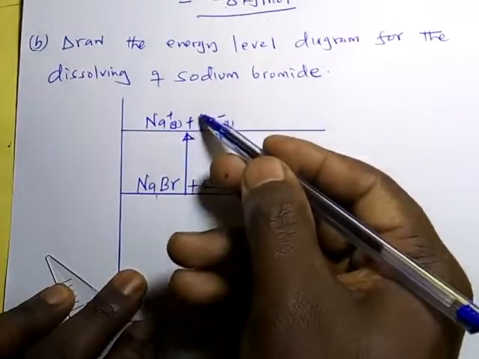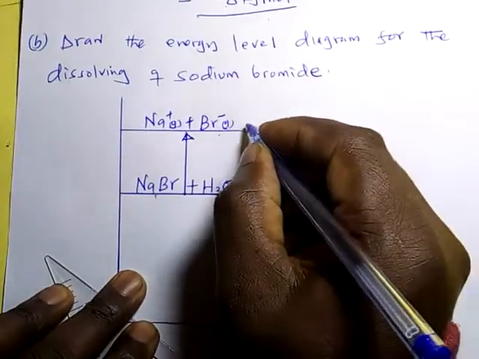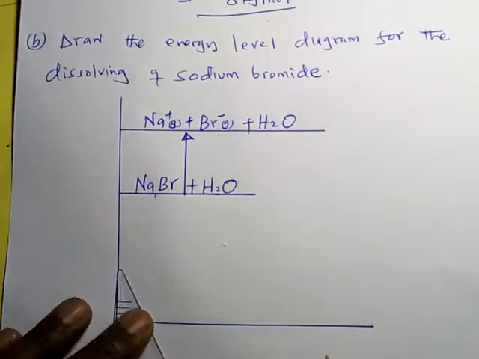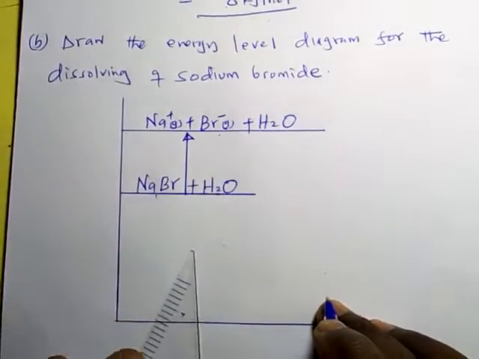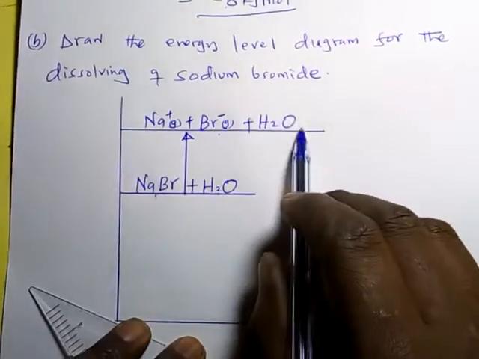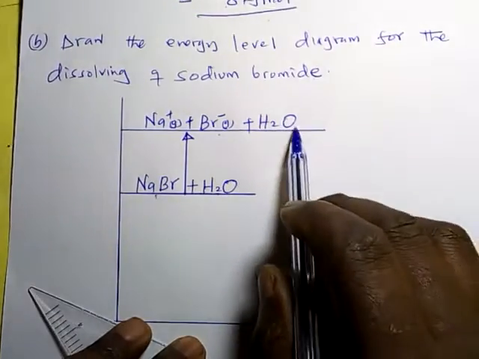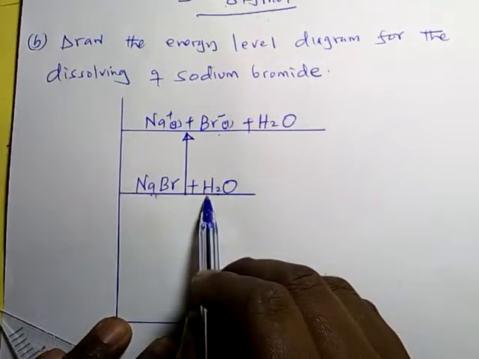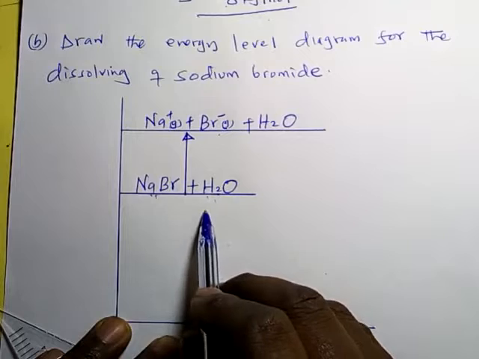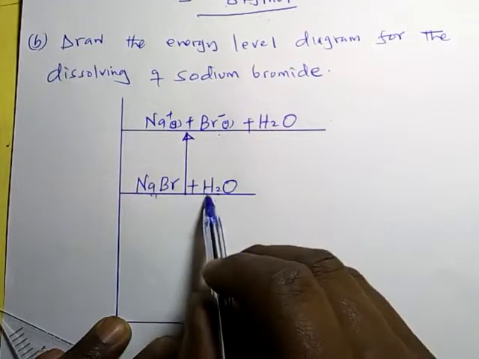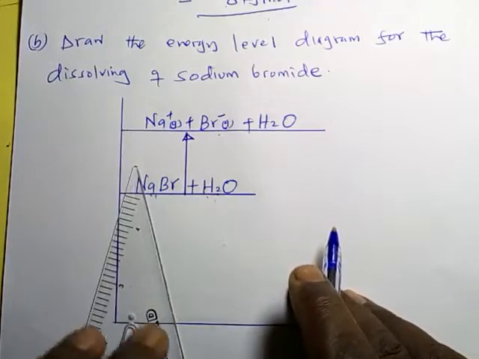But these ions are still in water, therefore plus water. If they are still in water, what do they form? They form a solution in aqueous state. Sodium bromide plus water: you are immersing these ions in water and forming a solution. Therefore, heat of solution must come down.